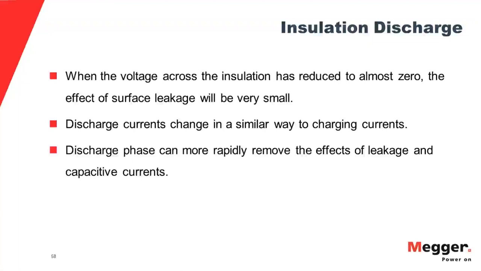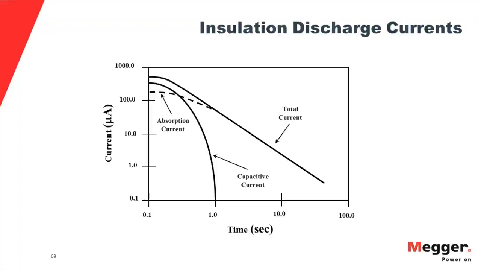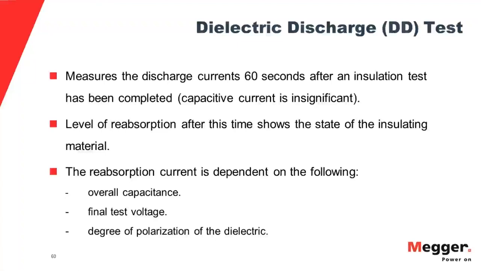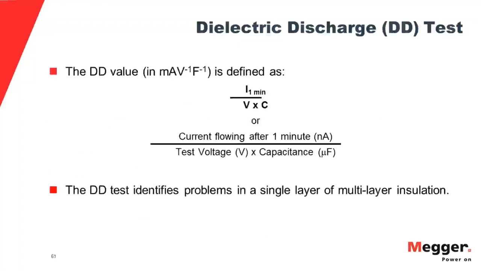Insulation discharge. This is the dielectric discharge test. This is built into some testers. You cannot do this manually. This has to be built into the tester. It looks at, rather than the charging currents, it looks at the discharge current and gives you a figure of merit, just like the PI does.